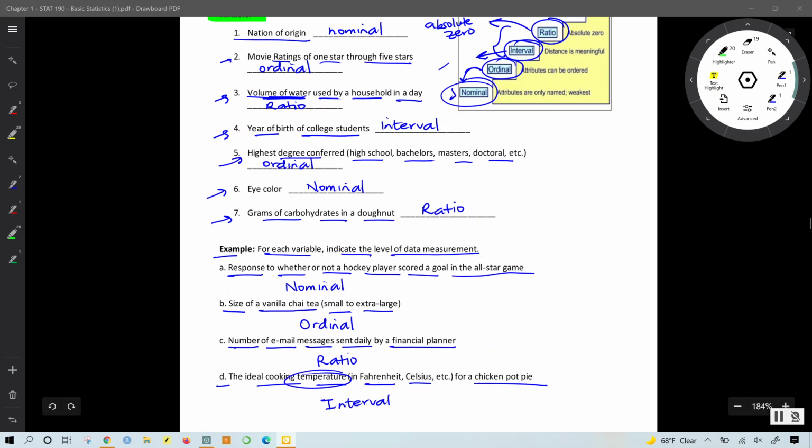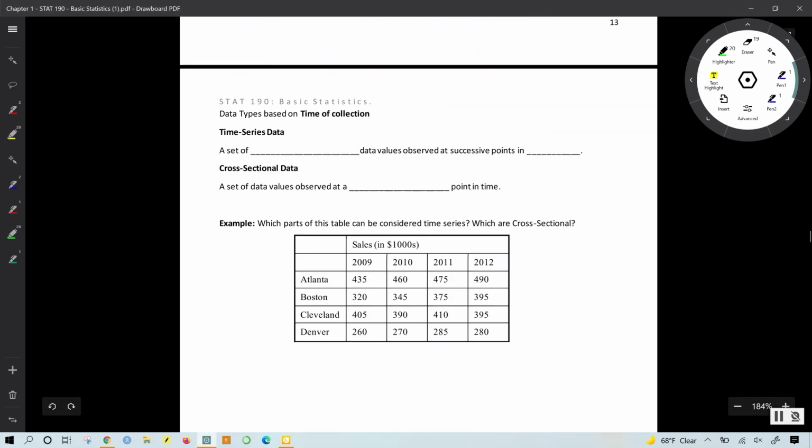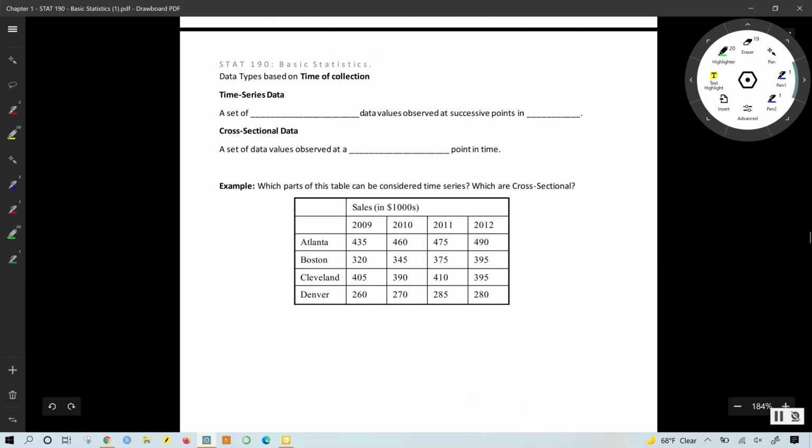At this point, we now proceed to the classification of data types based on another parameter, namely time of collection. If you collect data at a fixed point in time, it is called cross-sectional data, whereas if you collect the data probably on a monthly basis, then it is collected at successive points in time, and that will constitute time series data.